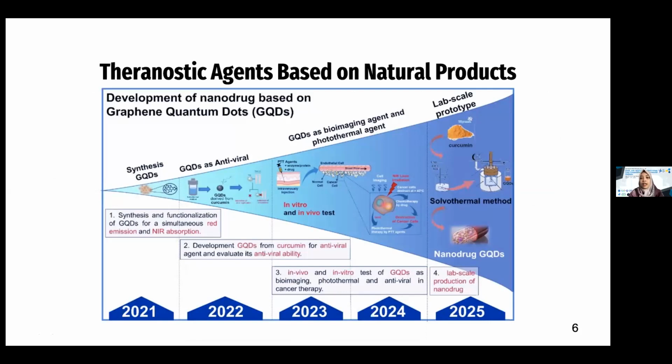So they developed a diagnostic agent using curcumin to diagnose viruses, for example now COVID-19, and then after that they give the treatment to the people with the virus.